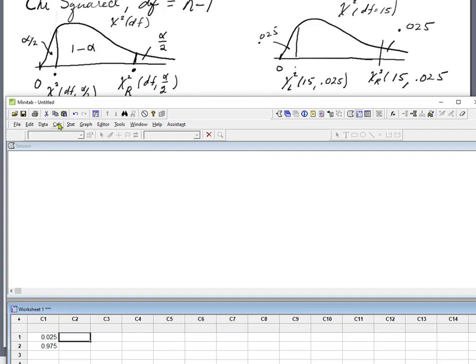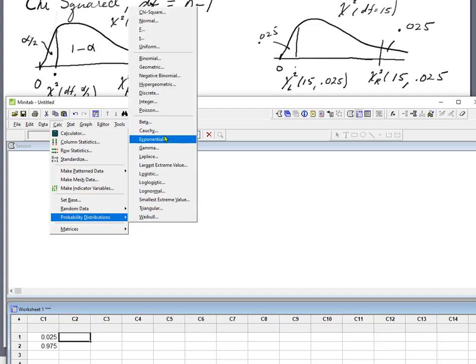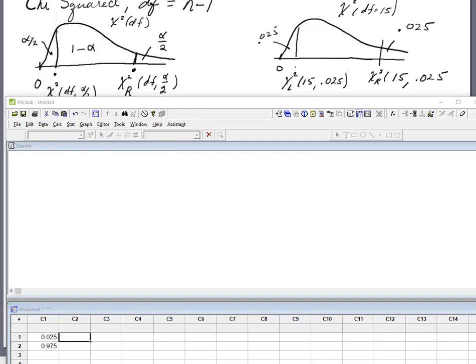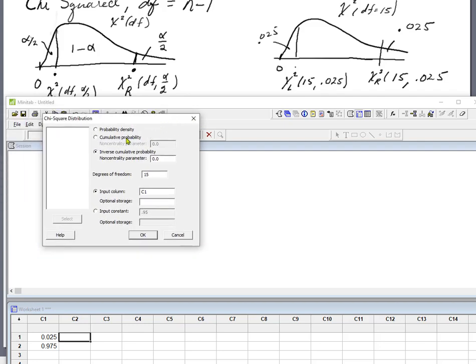We're going to calculate probability distributions, and we're going to select the chi-square distribution. That brings us another menu that we'll have to complete. Let's see what the questions are. Well, we want the inverse cumulative probability, so we've got this radio button checked. The degrees of freedom would be 15.